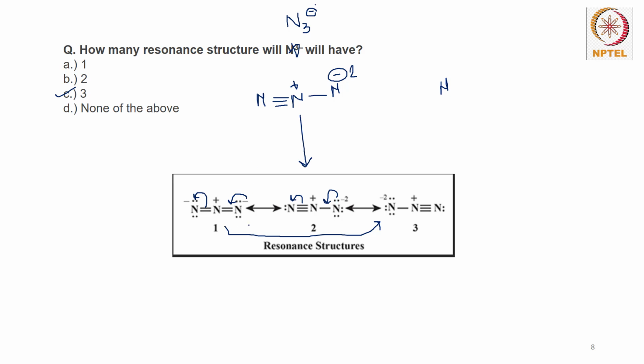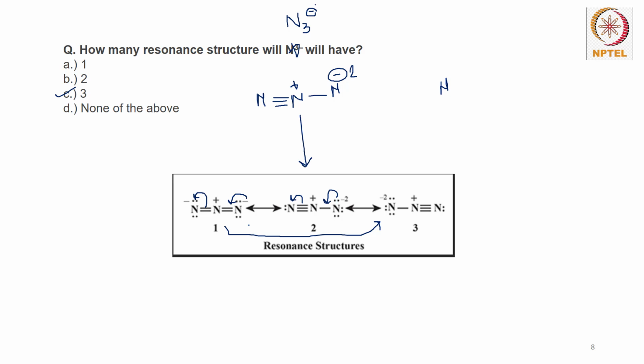In case of resonance, there are some rules to determine which is more contributing. One of the rules is that the structure where the charge is more delocalized is more stable.